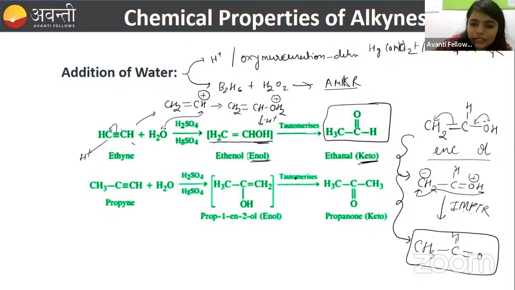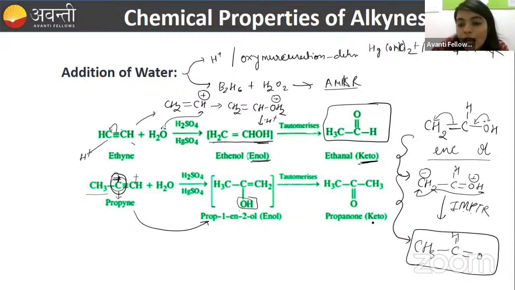Similarly, here the mechanism is the same, but I need to stress this point. Now we have a choice: we can form the carbocation here or here. You know that this first carbon is attached to an alkyl group which will stabilize the carbocation. So we will form a carbocation on the second carbon and attach OH to the second carbon.